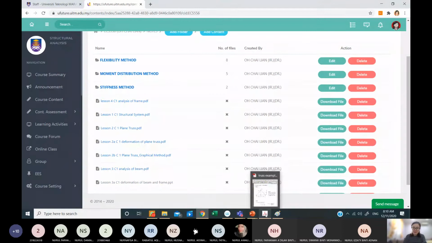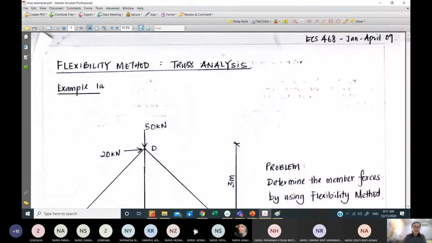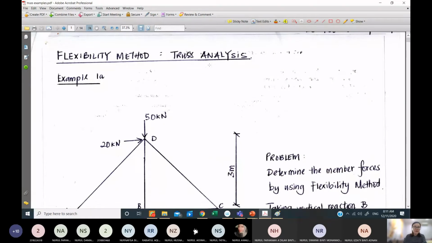So again, these 2 classes will be on these 14 pages of examples on the truss analysis.